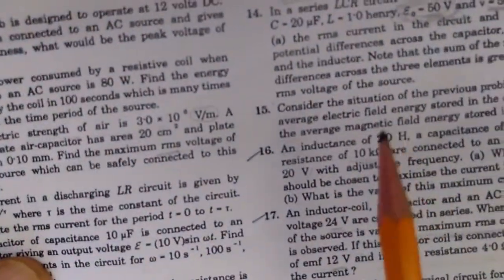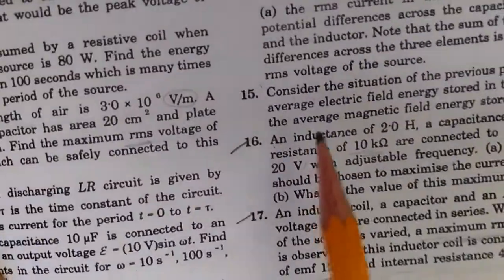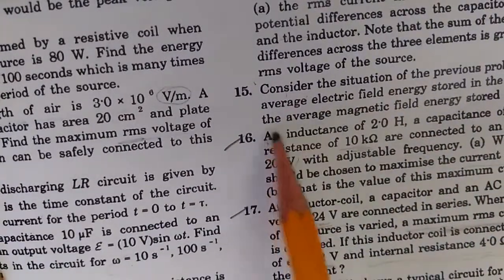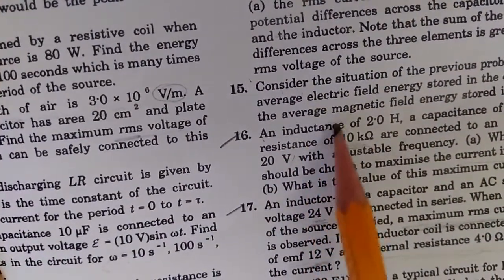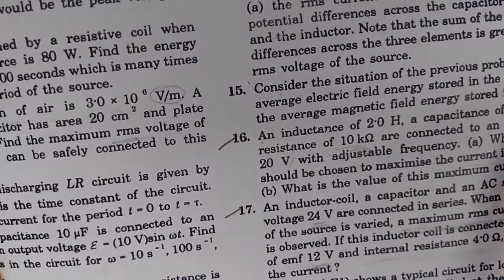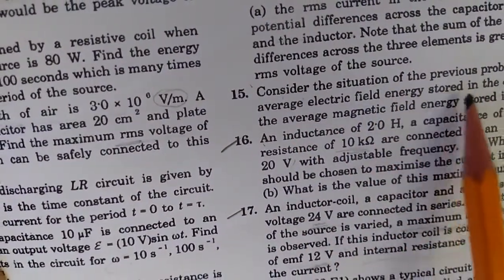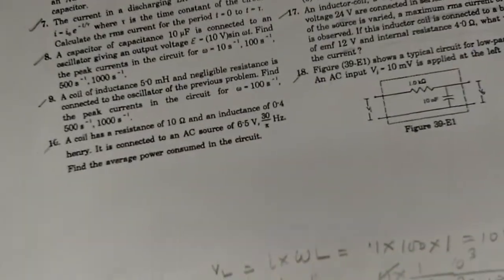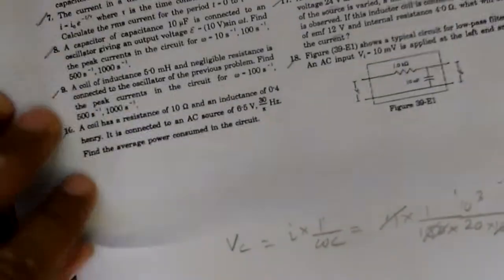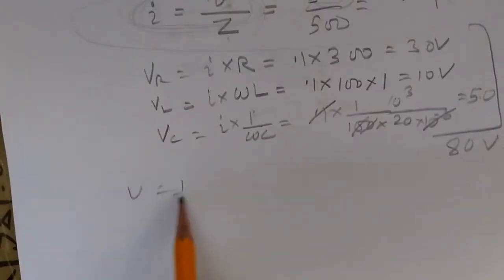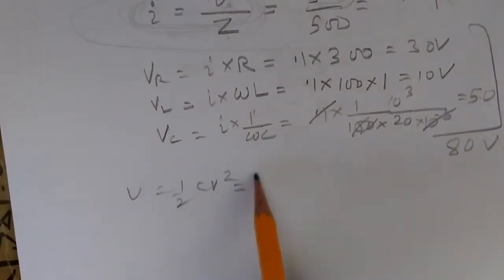Consider the situation of the previous problem. Find the average electric field energy stored in the capacitor and the average magnetic field energy stored in the coil. First, find the average electric field energy stored in the capacitor. If you call it U, that will be equal to half C V square.